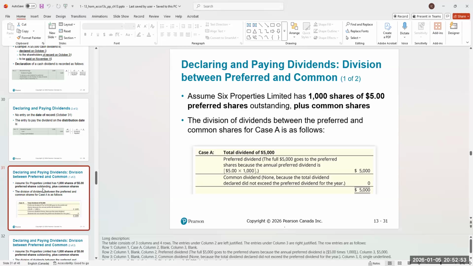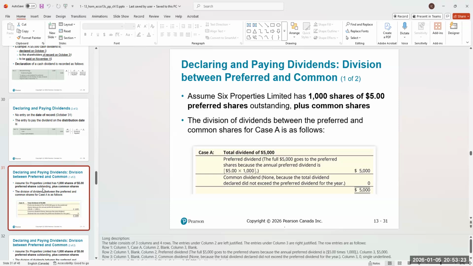Now, what are we going to do if we have preferred shares and common shares? We're going to have different scenarios now. Let's say we have 1,000 preferred shares outstanding, which pay a $5 dividend per share, plus common shares.